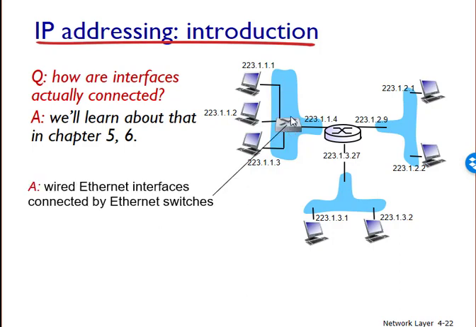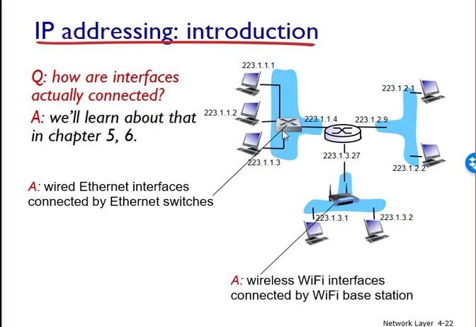This is not a router. And so these three hosts are connected together by this switch, and the switch is connected to the router. What you should also note is that the switch does not have an IP address. This network could be interconnected by an Ethernet LAN, local area network, in which case the interfaces would be interconnected by an Ethernet switch, which is what this is.